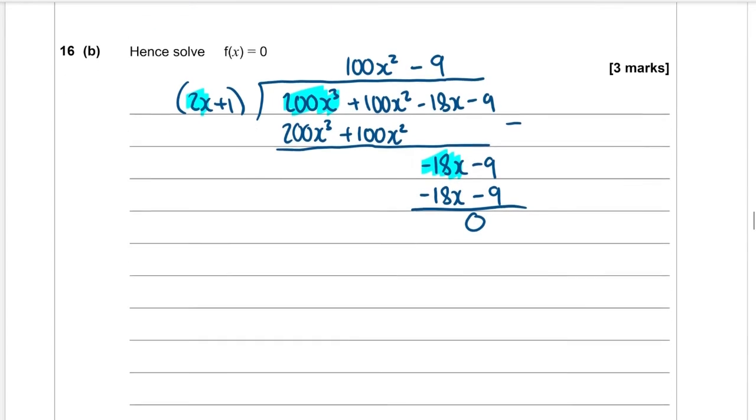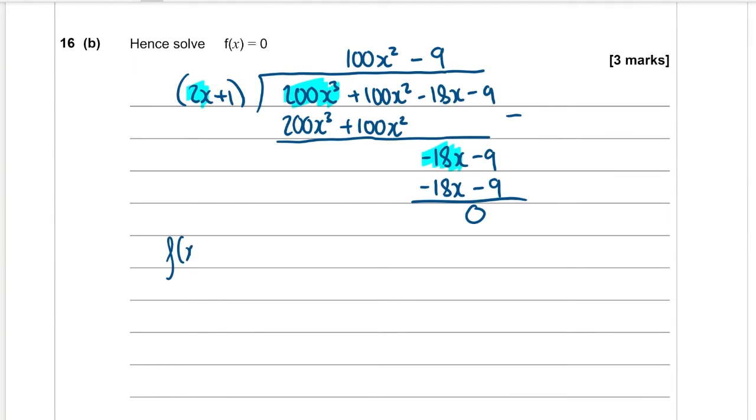Okay, so now I know that my function can be written as the factor multiplied by what I've achieved by dividing. And hopefully we can spot this is a difference of two squares.